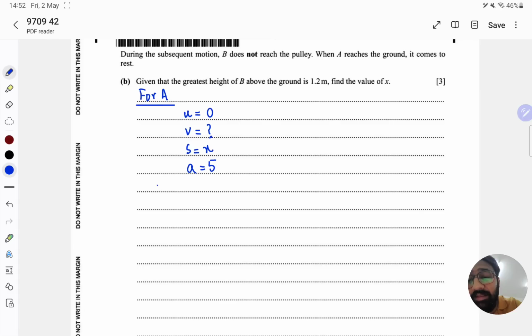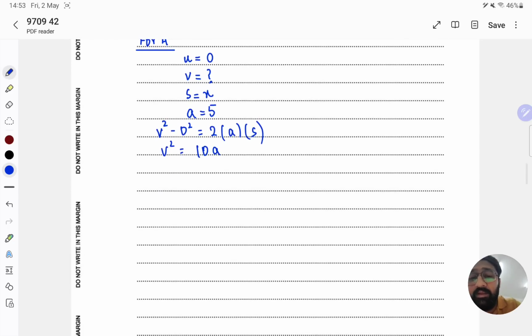So let's substitute: v square minus 0 square equals 2as. So it will be v square equals 10a, and instead of s we will write x, and the acceleration is 5.